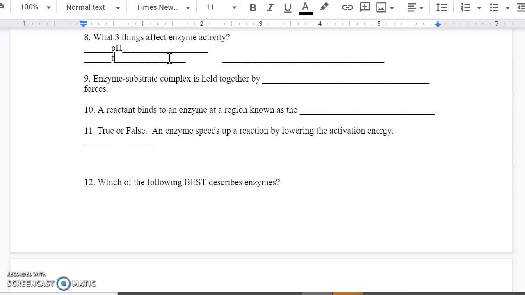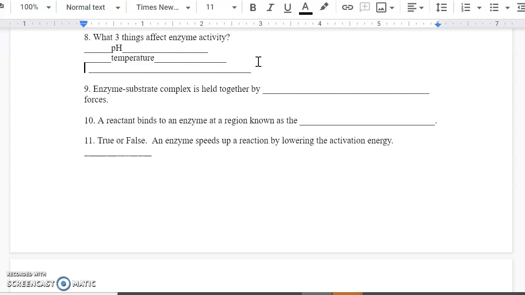So pH affects enzymes, and temperature is going to affect enzymes. Of course, for our human body, the optimum temperature is around 98.6. And what happens if the temperature gets too high? Well, then it's going to denature those enzymes.